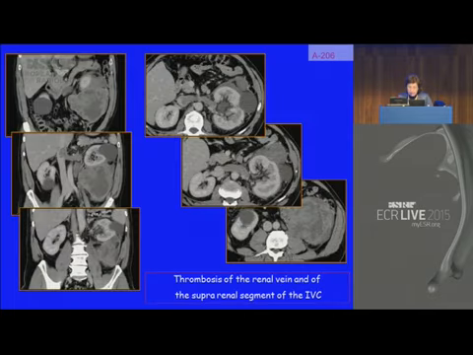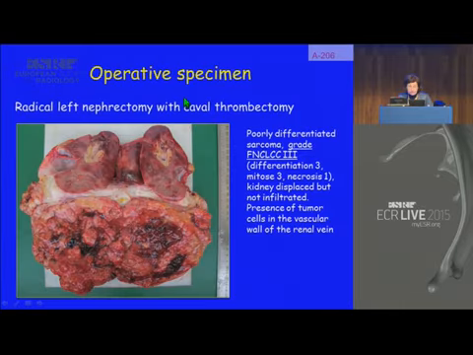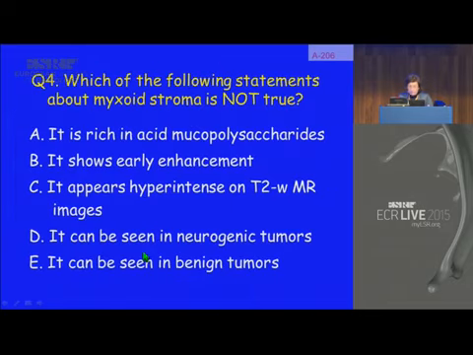You can see here that the mass was huge with only minimal fat, large areas of necrosis, and the mass extended into the renal vein and the proximal IVC. This is the operative specimen. You can see that the kidney was displaced but not infiltrated, and that the tumor had only a minimal fatty component but large areas of necrosis and hemorrhage.